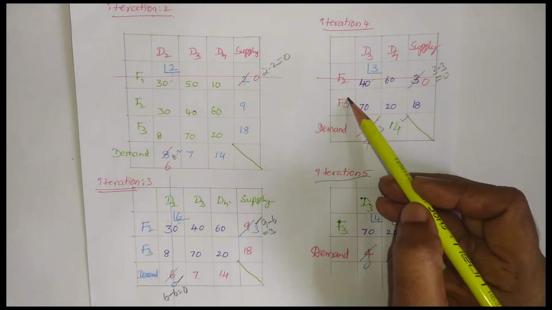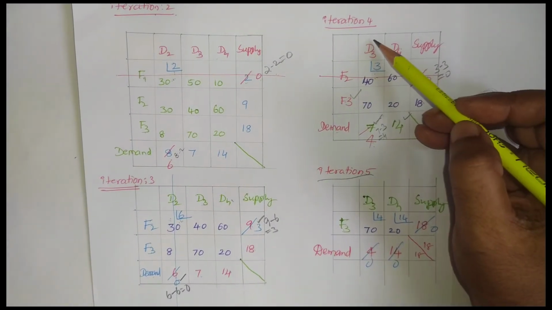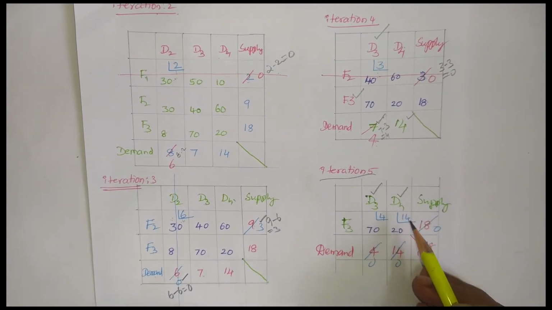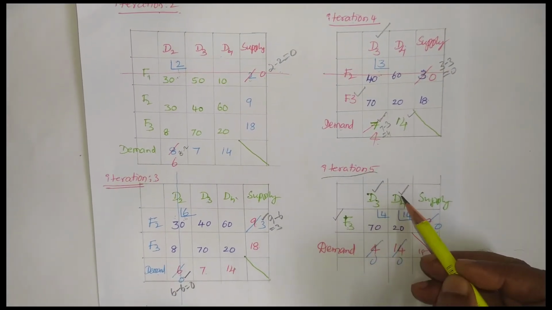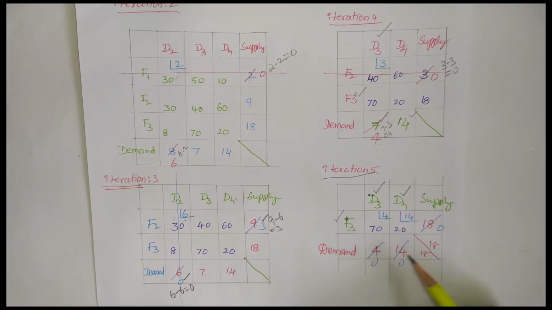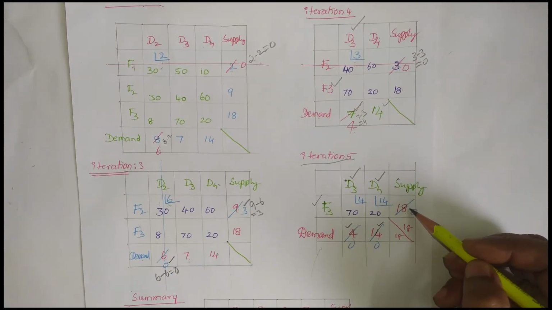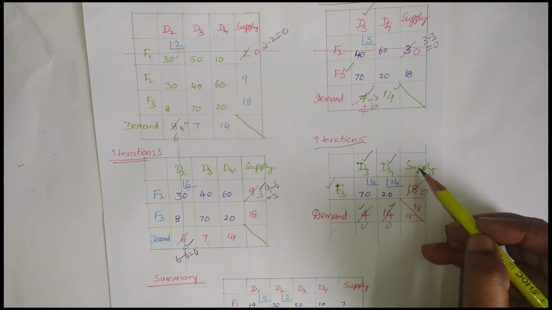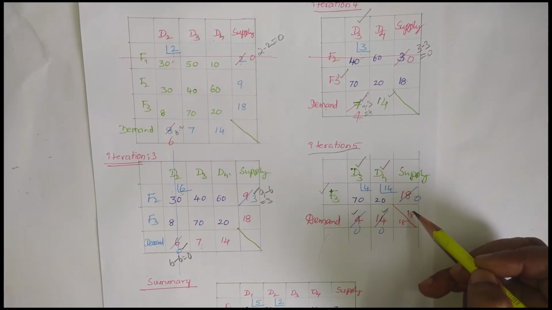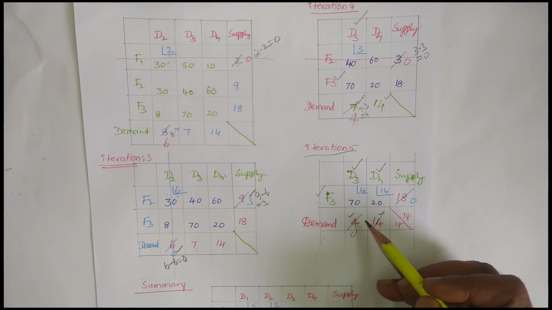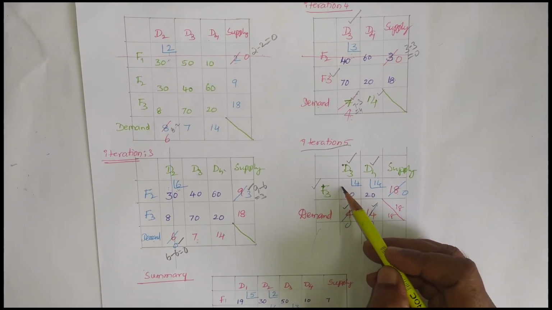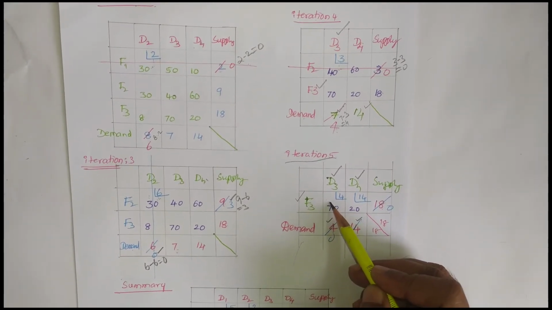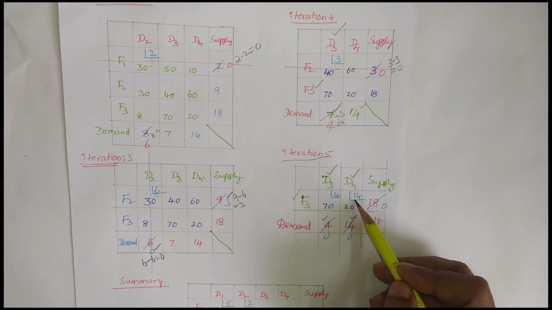Iteration 5. Only factory F3 and destinations D3 and D4 remain. Here demand is 4 units and 14 units. Supply is 18 units, and 4 plus 14 equals 18. So we allocate 4 units to this cell and the remaining 14 units to this cell.